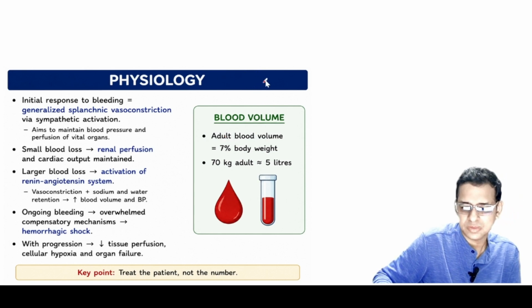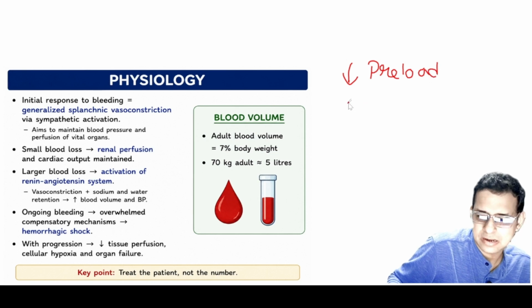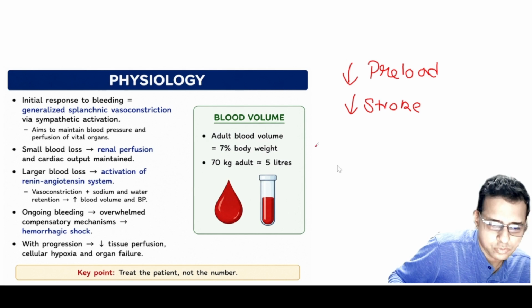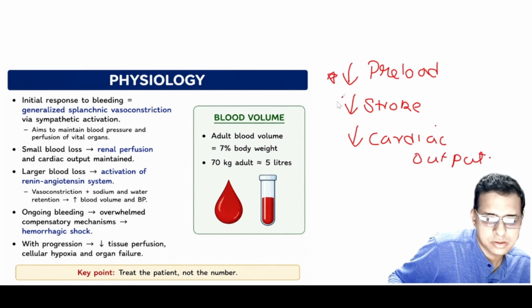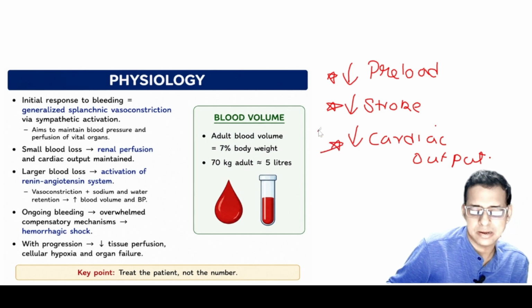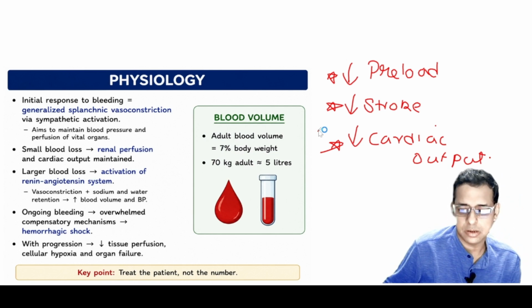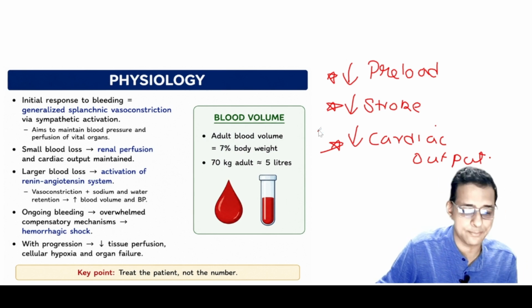First, blood loss causes decreased preload, second, leading to reduced stroke volume, and third, leading to reduced cardiac output. These three are very important hemodynamic features.